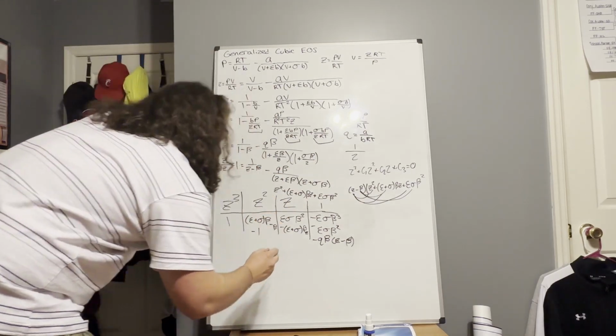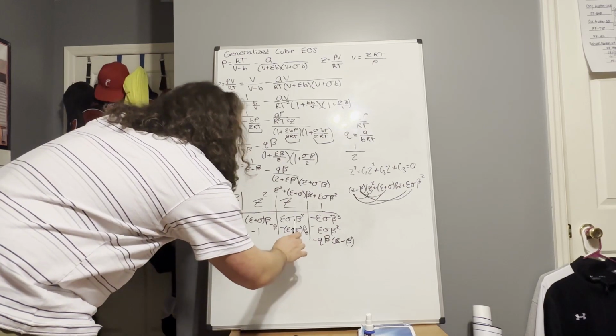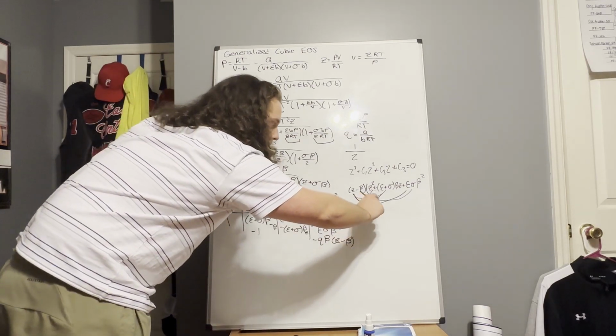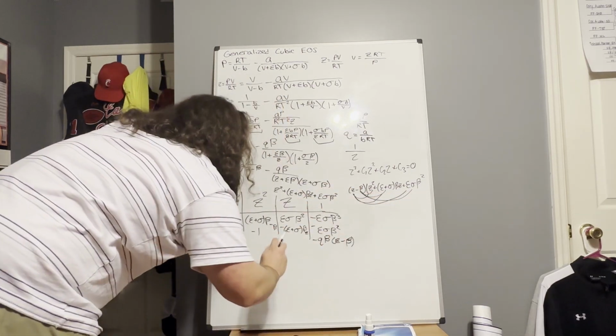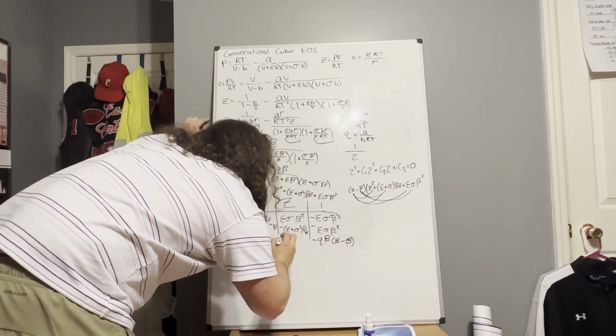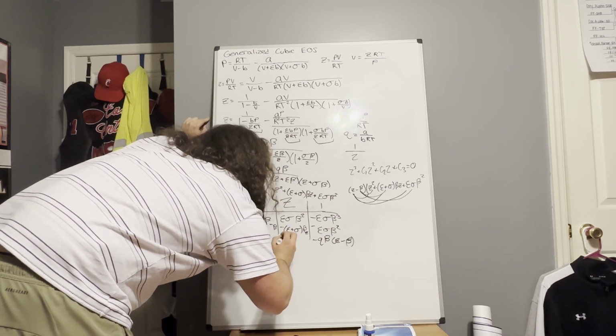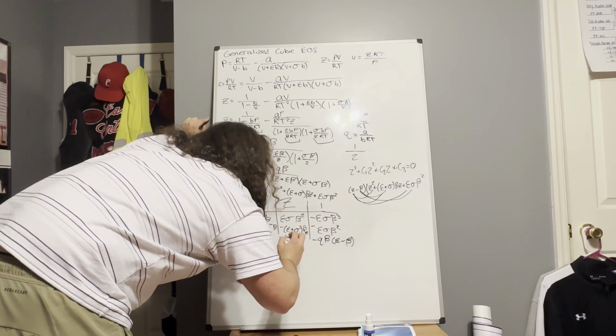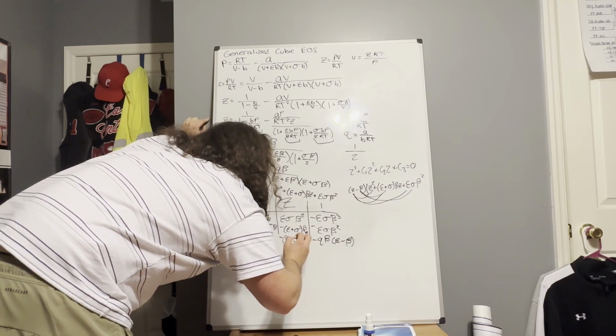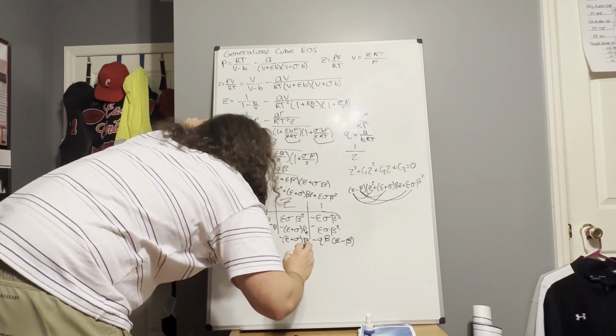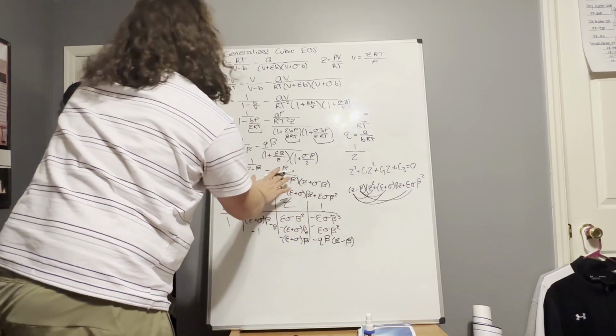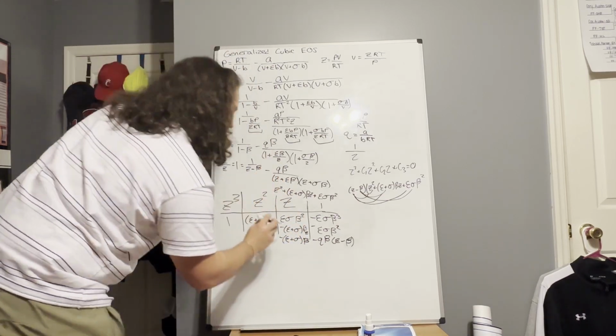So to continue, we need to multiply this by that. And that is going to give us minus epsilon plus sigma times beta. And then same again here with this scenario.